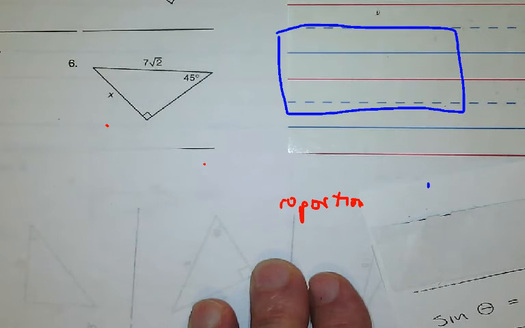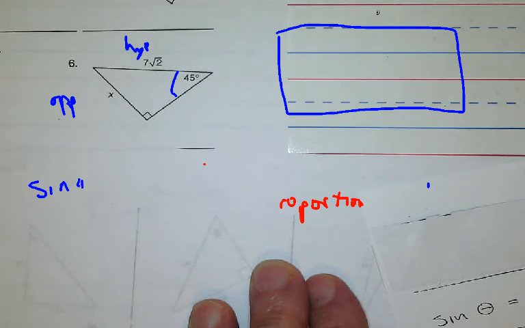And then this last thing. All right, so what do we have here? We have a 45-degree angle. This is the opposite side. This is the hypotenuse, right? Which one is that? That's sine. So the sine of 45 is.